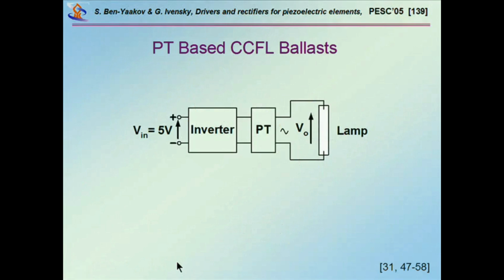Now I'd like to dedicate the time that is left to a hot issue, which is still not completely resolved, but as you'll see, there are some results already, and that is instabilities that can happen when you are feeding a fluorescent lamp by a piezoelectric transformer.